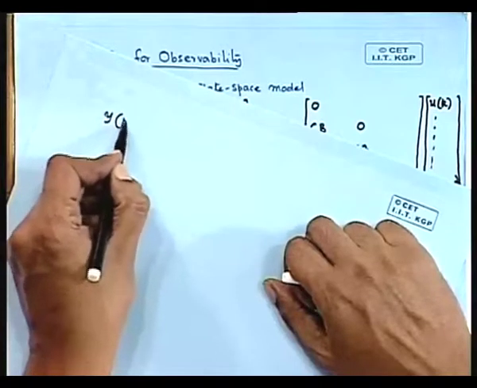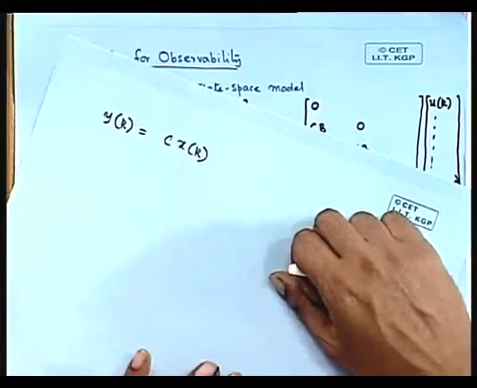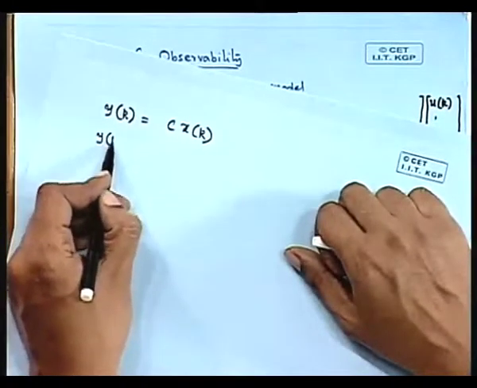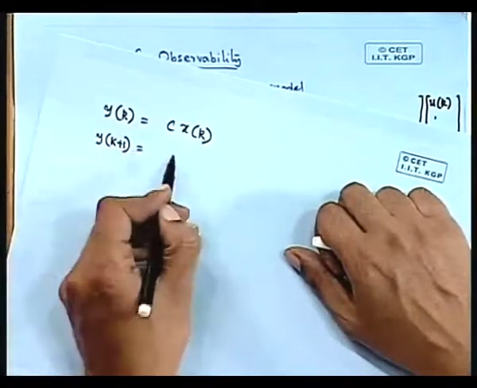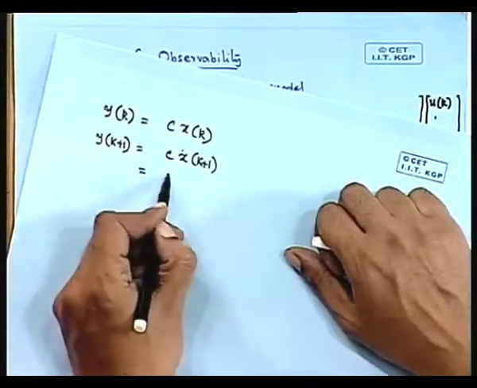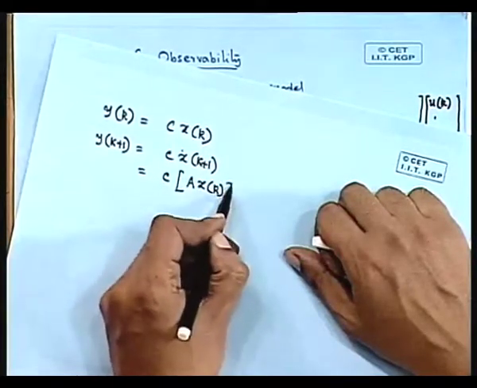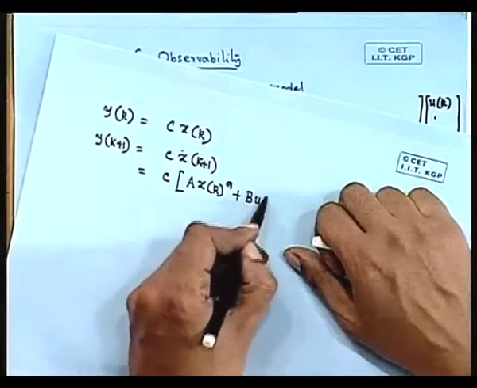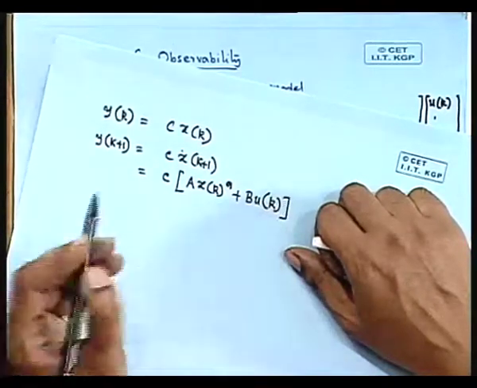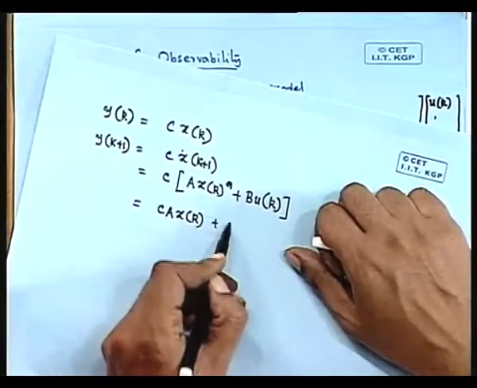So you can always write that yk is equal to cxk. This is the first equation. The second equation is, now what is yk plus 1? It is equal to cxk plus 1. What is xk plus 1? That is equal to c into axk plus buk, that is equal to caxk plus cbuk.